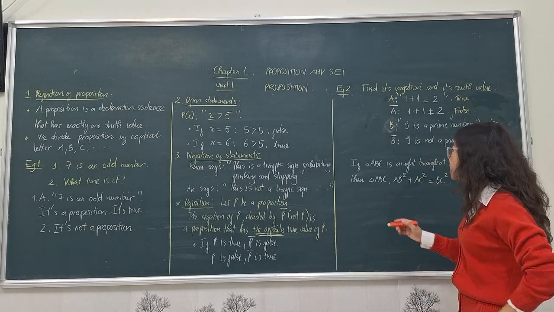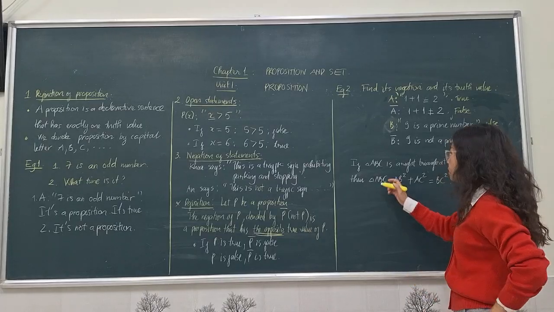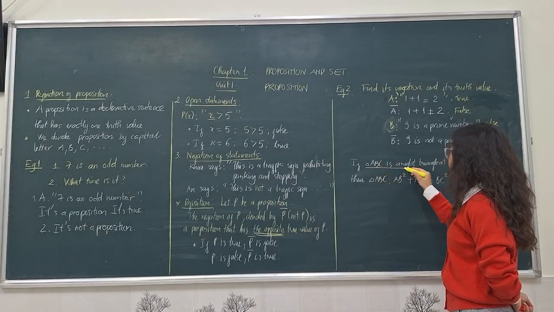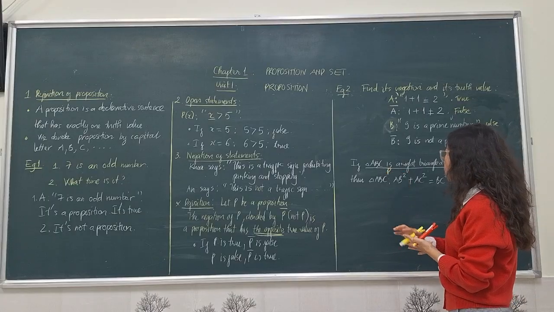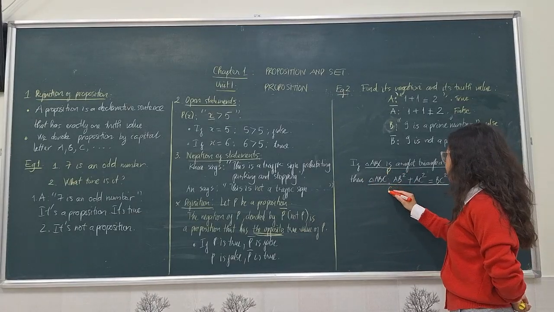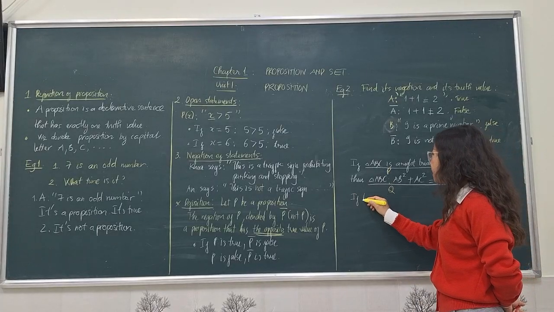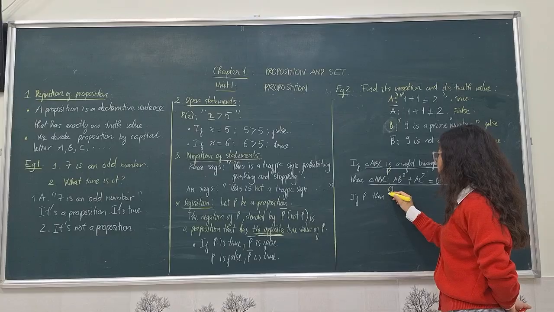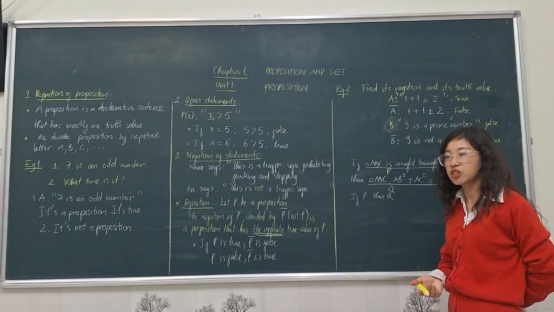So we can see in this sentence we have two clauses. The clause after the word if is called P, and the clause after the word then is Q. So we can write if P then Q. And in mathematics we call this an implication statement.